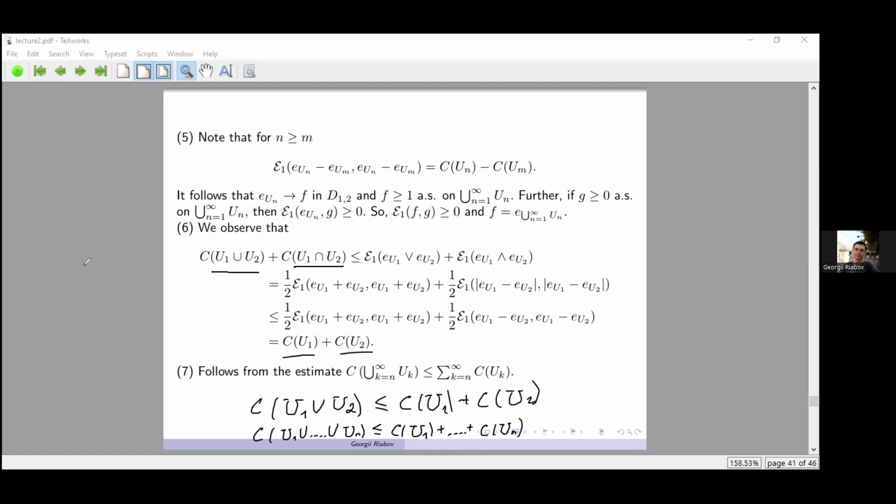So if we have an infinite sequence of sets U1, U2, then the capacity of the union of this infinite sequence is a limit of capacities of unions of a finite number of sets, which will be not bigger than the sum of capacities of sets from this sequence.